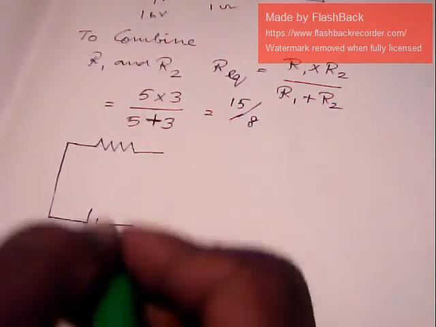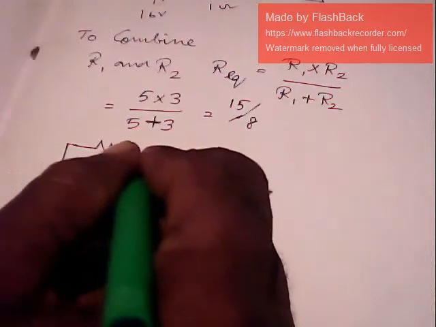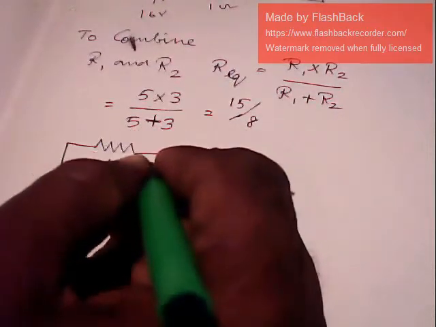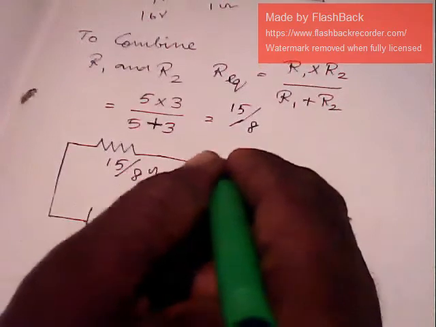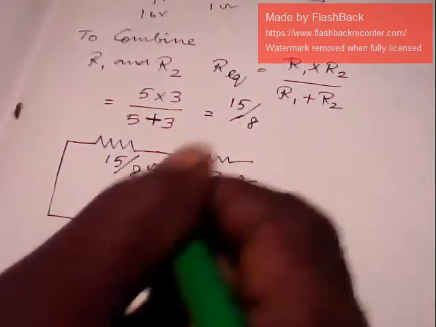The 16-volt battery, we are keeping it as it is. This is the equivalent resistance, 15 by 8 ohms. And then you have the 2 ohms as it is.